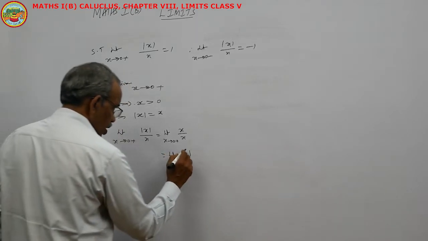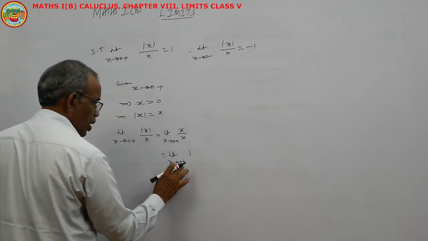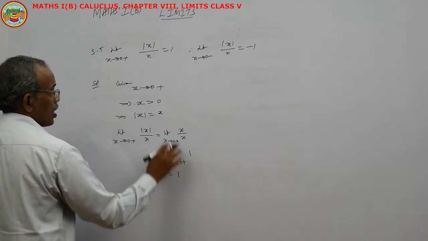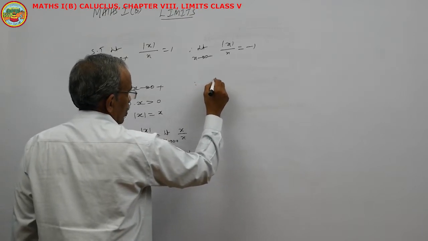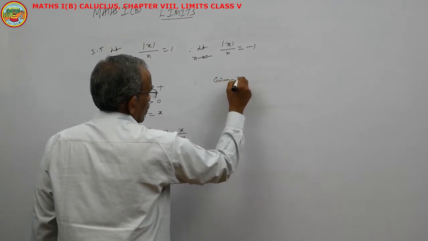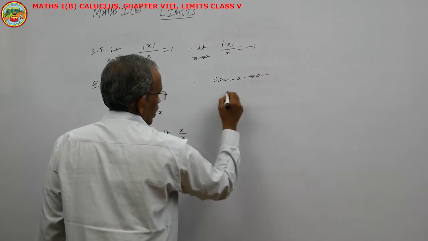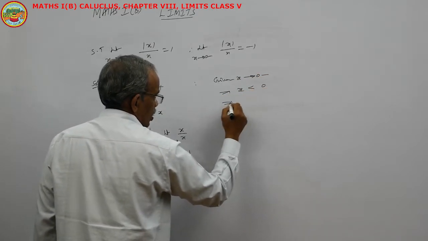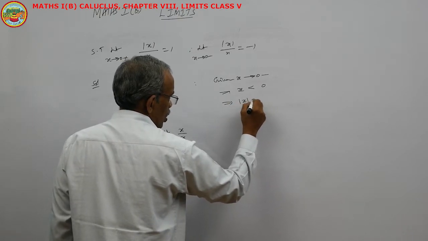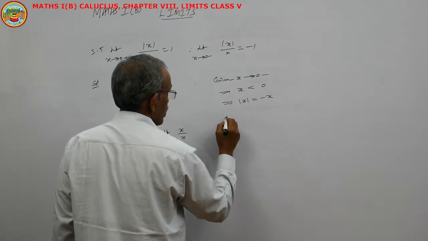Here 1 is a constant, and the limit of a constant is the constant itself, that is our RHS. Now given that x tends to 0 minus, that means x less than 0, so modulus x is equal to minus x.